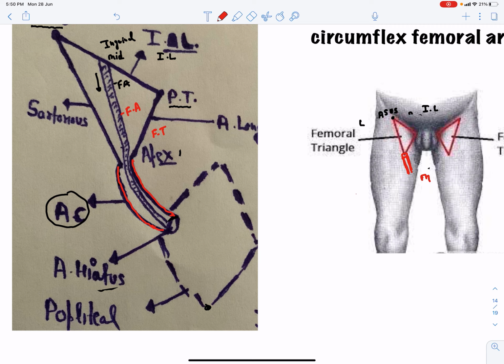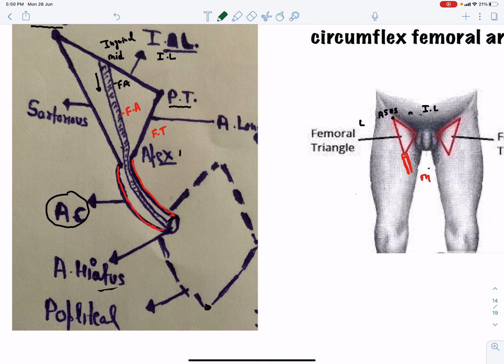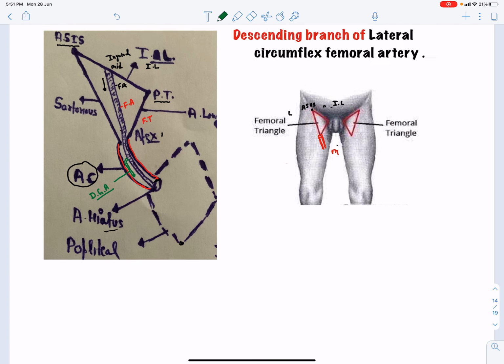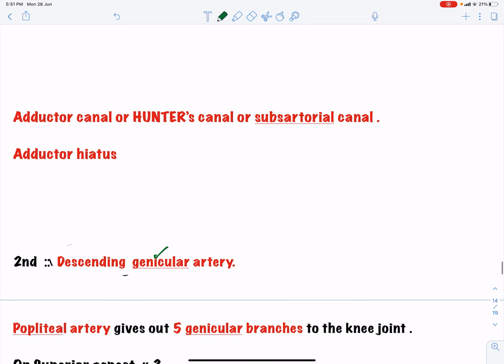So in the adductor canal, the femoral artery gives rise to one branch here, the descending genicular artery. So the second artery which supplies our knee joint is the descending genicular artery. Clear?